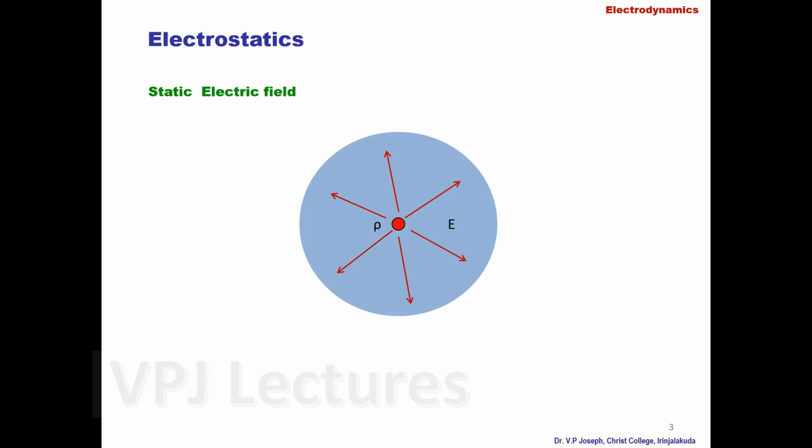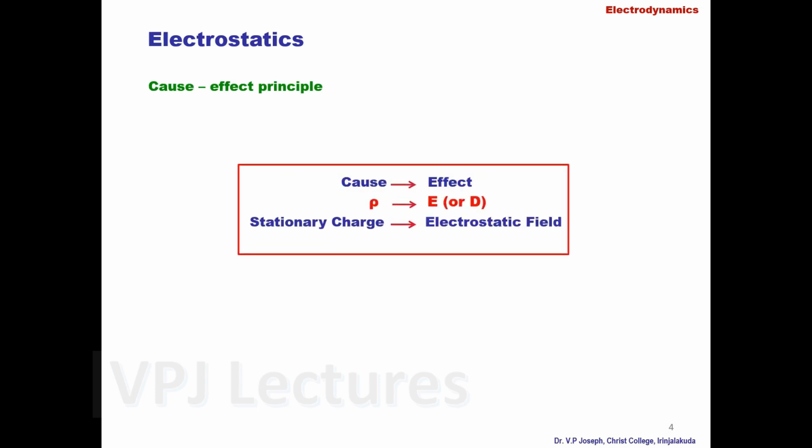In this case, it is taken as a positive charge, so field lines are emerging out, and there is a boundary region. Outside the boundary region, any point is outside the field of repulsion or attraction associated with the source charge, so that is at infinity. So in this context, it is possible to represent the electrostatic problem as a cause-effect principle.